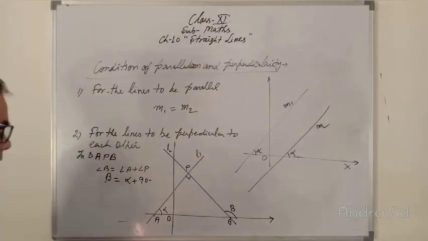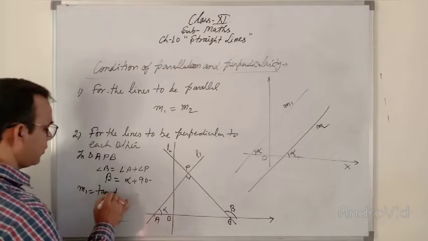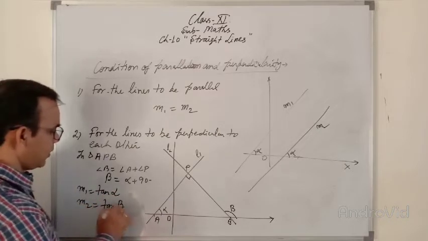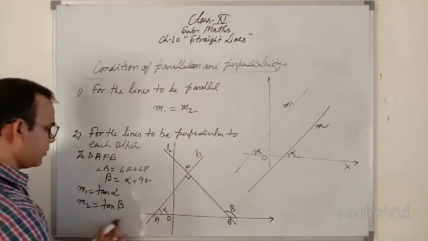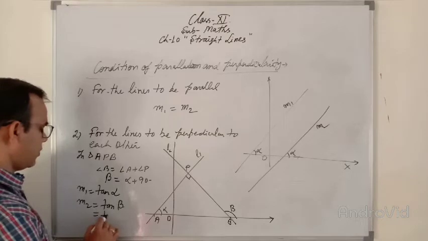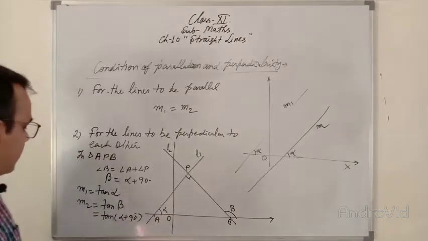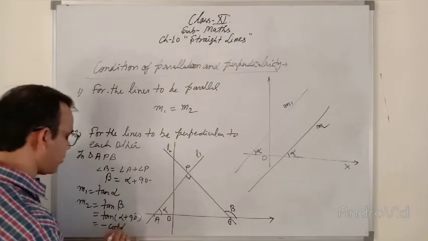So beta equal to alpha plus 90 degrees. Now m1 equal to tan alpha and m2 equal to tan beta. So beta can be replaced with alpha plus 90 degrees here. Tan of 90 plus alpha is minus cot alpha. So we will have m2 as minus cot alpha.